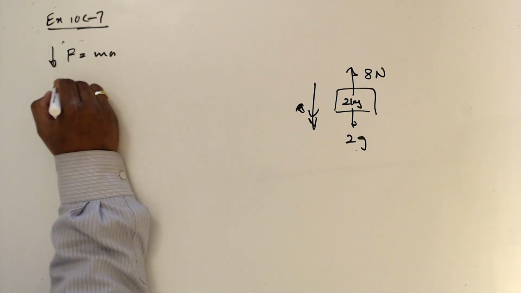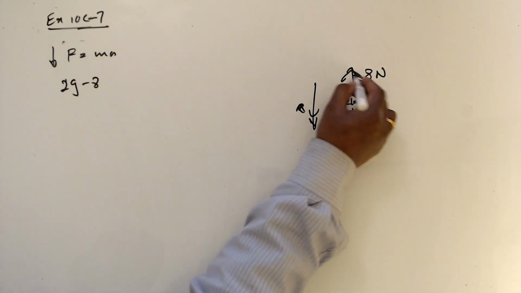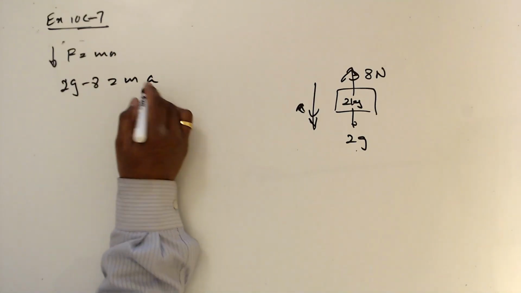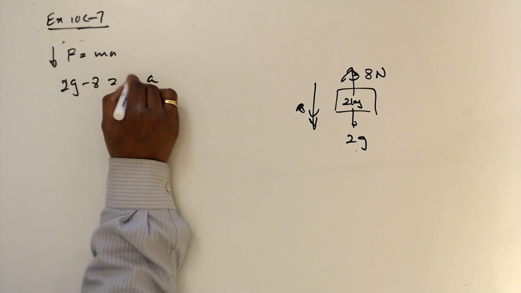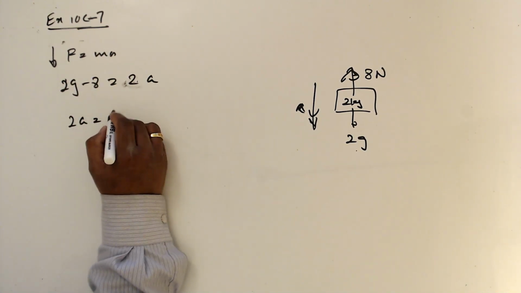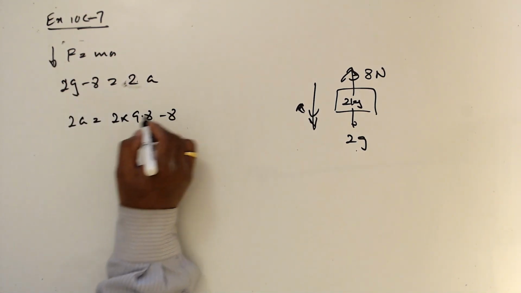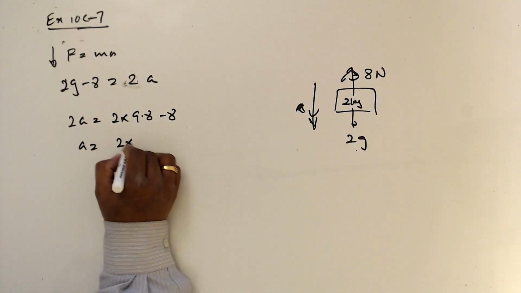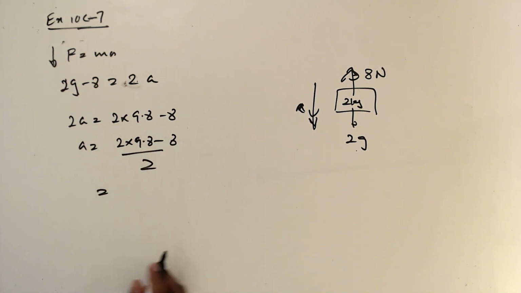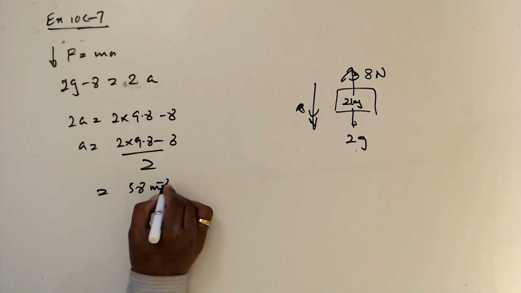So 2g minus 8, this is the other force upward, equals m times a. m also we know now it is 2a. So 2a equals 2 times 9.8 minus 8. So a equals (2 times 9.8 minus 8) divided by 2. So a equals 5.8 m/s².